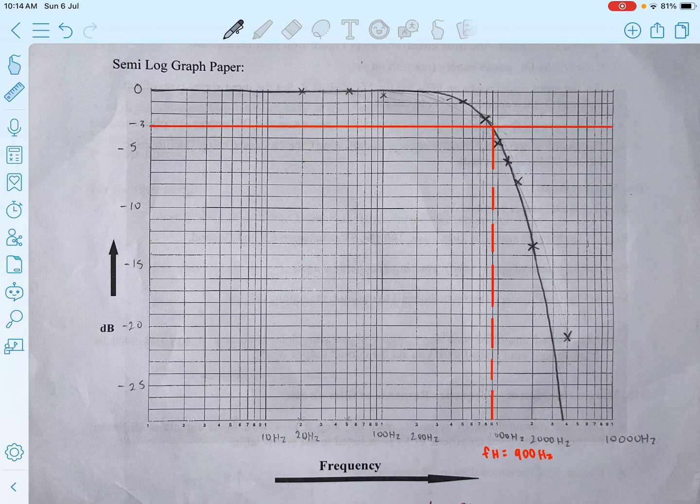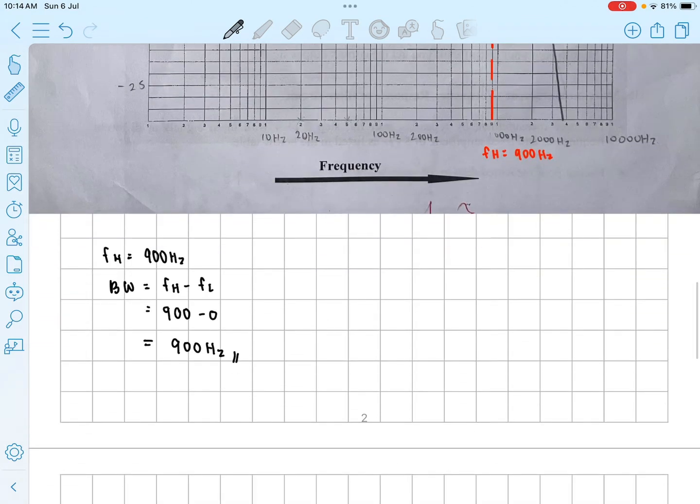Based on the frequency response curve, the -3 dB line will be at 0 - 3 equals -3 dB. The high frequency will be at 900 Hz. Hence, the bandwidth would be equal to 900 minus 0 equals 900 Hz, which is close to the cutoff frequency that we have calculated earlier using the formula.